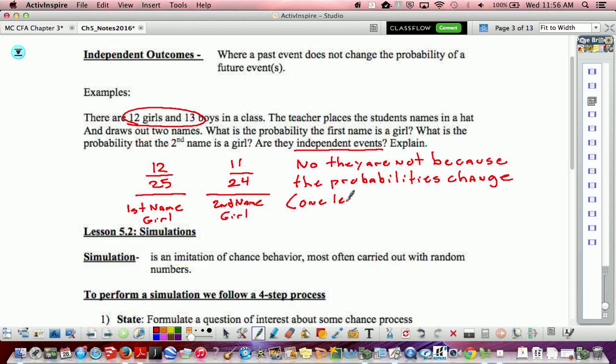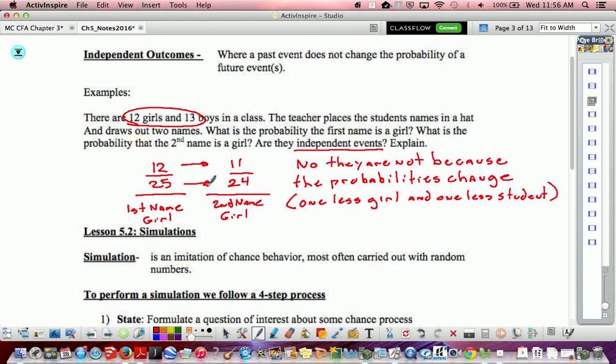One less girl and one less student, meaning one less girl on the top and one less student on the bottom.